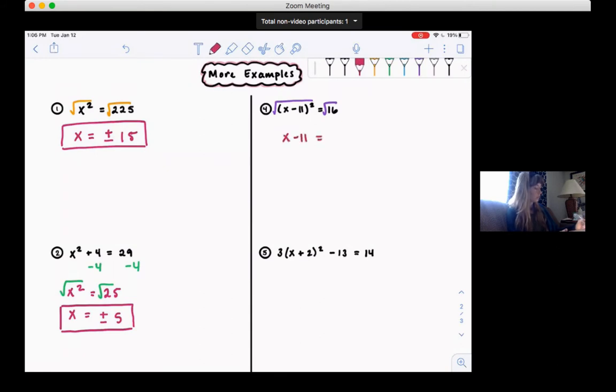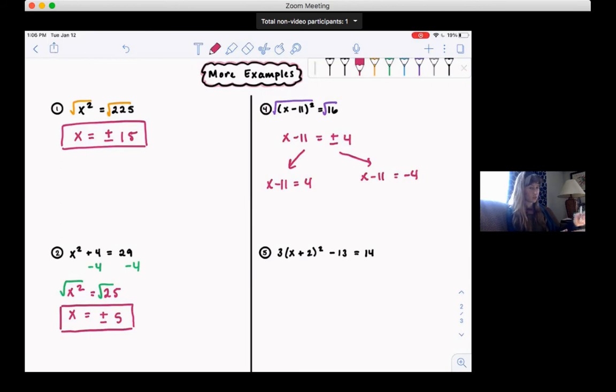And then the square root of 16 could either be positive 4 or negative 4. So now, since x isn't all the way by itself yet, and we have 2 numbers on the right side, we have to split. So either x minus 11 equals the positive 4, or x minus 11 equals the negative 4.